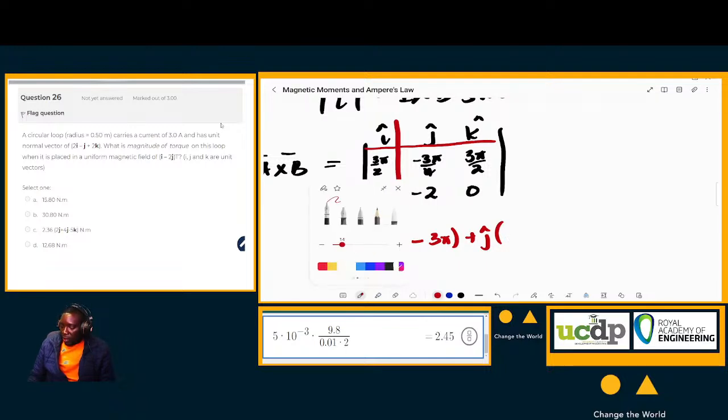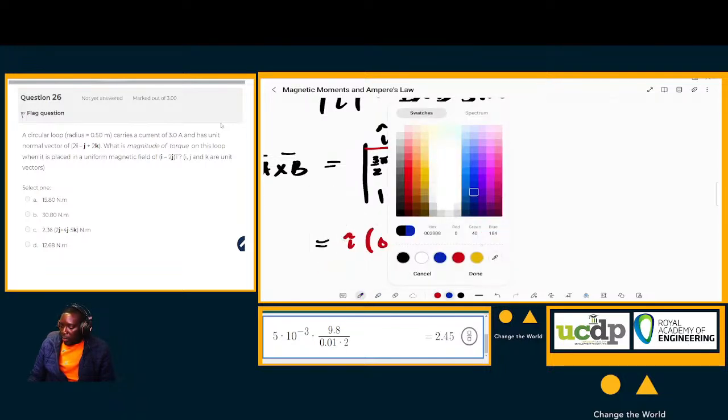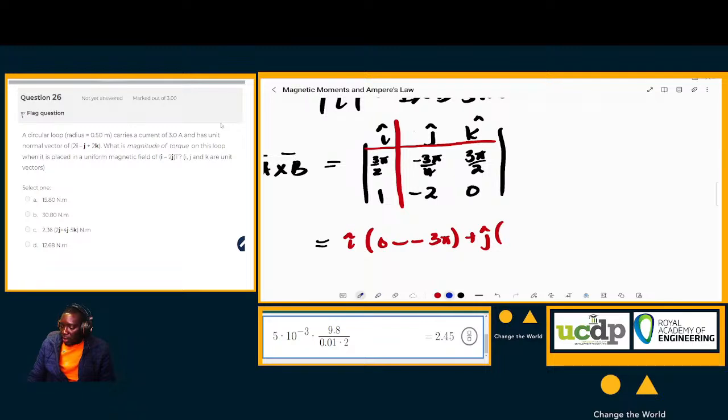For the j, we block out the j, which means this part is out, and we get the determinant where this is our A, that is our B, this is our C, and that is our D. So AD is 3 pi over 2, minus BC, which is minus 0.